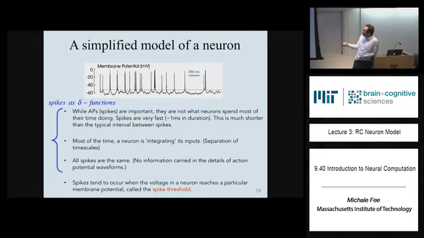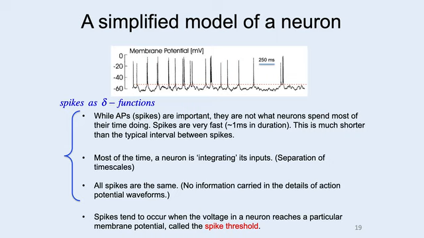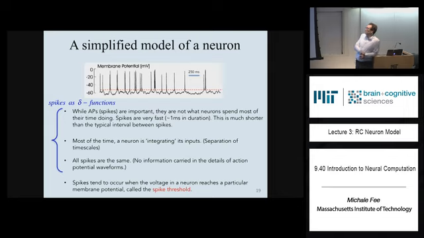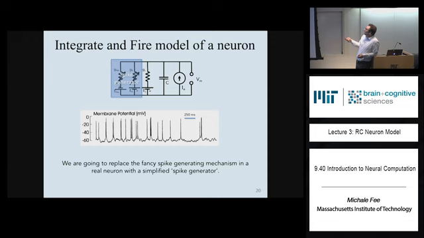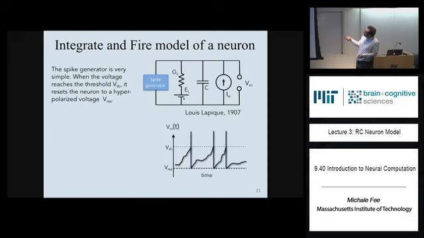And the spikes are going to occur when the voltage in the neuron reaches a particular membrane potential called the spike threshold. Now that's a reasonable approximation for many neurons. It's not absolutely the case, but many neurons spike when the neuron reaches a particular voltage threshold. And that's captured in this model called the integrate and fire neuron.